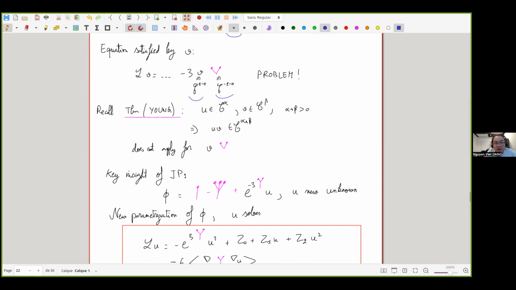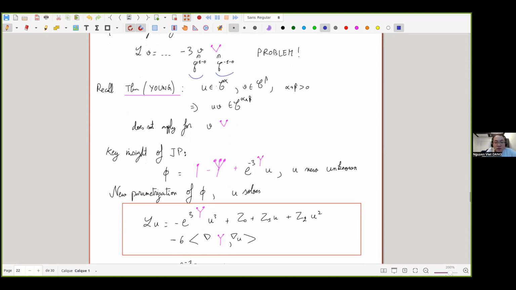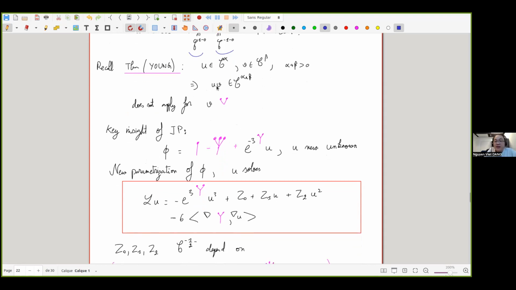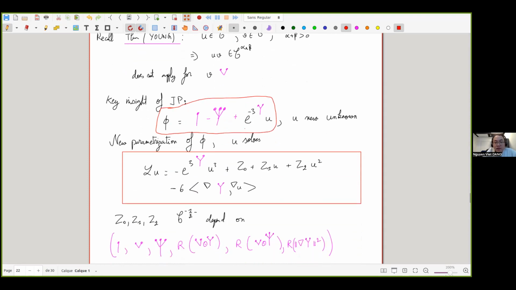So the product is ill-defined. And so to cure this ill-defined product, you will parameterize your solution using a Kohlhoff argument.